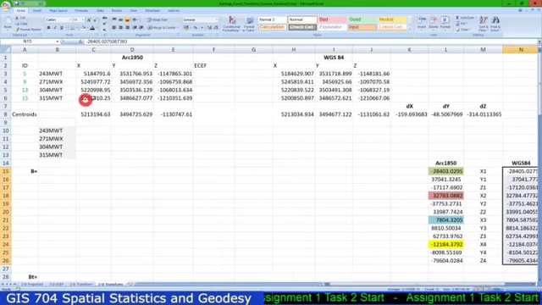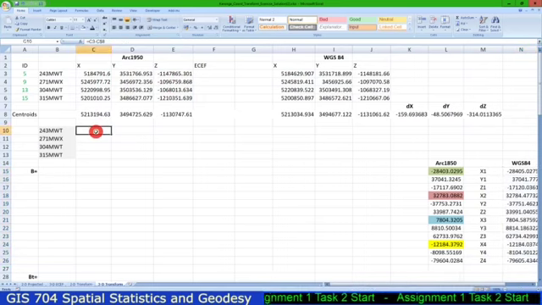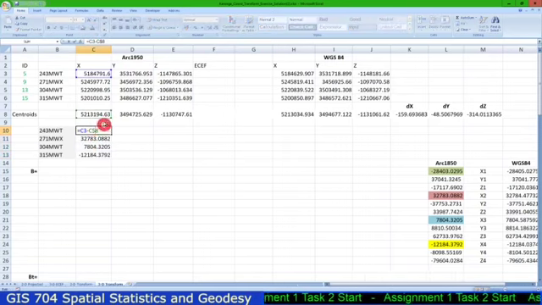So we go from the original coordinates to the centroids by doing what? Simply subtracting that one minus that one.